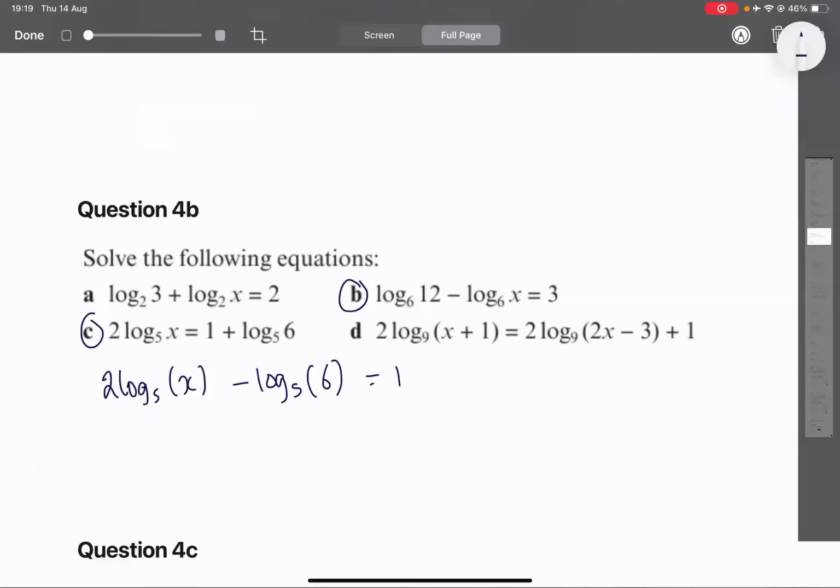Now, can I combine them? Yes, I can, but not yet, because there's a 2 in the front of the log 5x. So therefore I can't apply the rule yet. So what would I do with the 2?